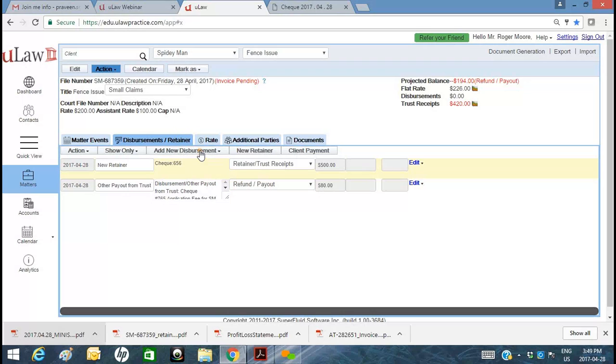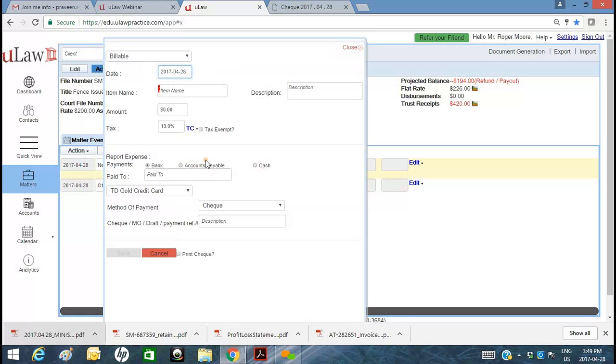So to pay that disbursement through general, let's say paid from general. Now we spoke about those different types of disbursements, right? So right here you have those different types, from billable to mileage to unit rate, travel time, etc.